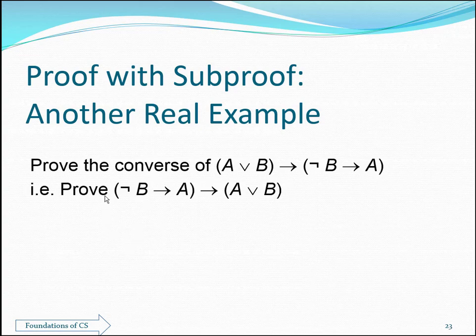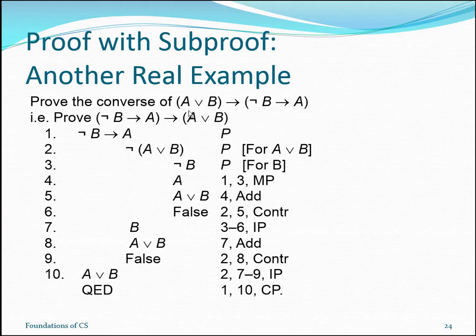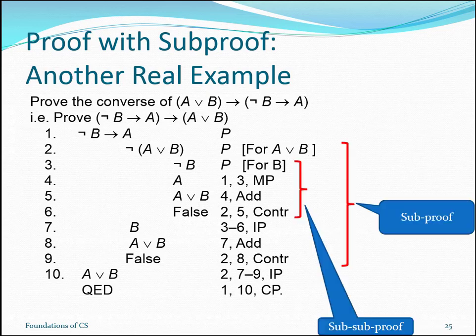Converse is just flipping around the arguments to the implies, right? So what this is asking us to do is to prove this, okay? This proof is about as nasty as you can get. It's actually a proof with a subproof and a sub-subproof, and you can tell that by looking at the indentation.